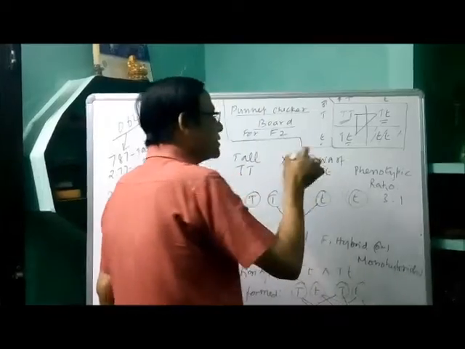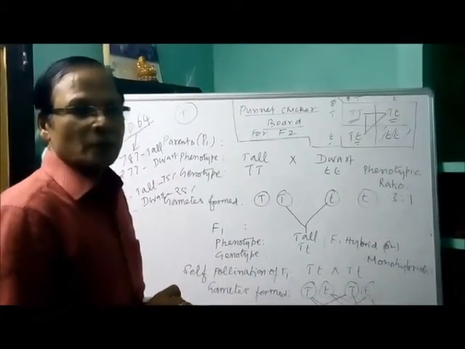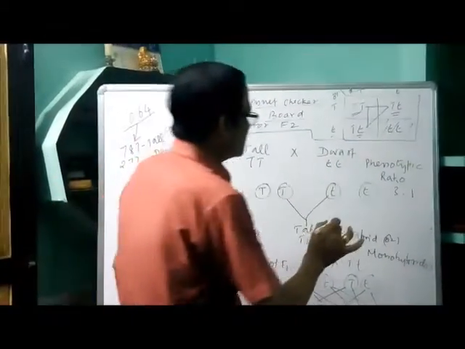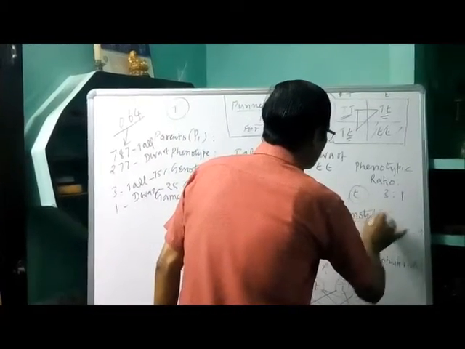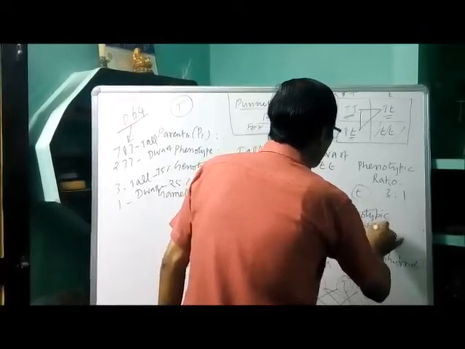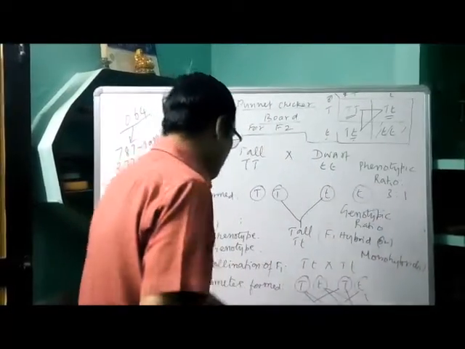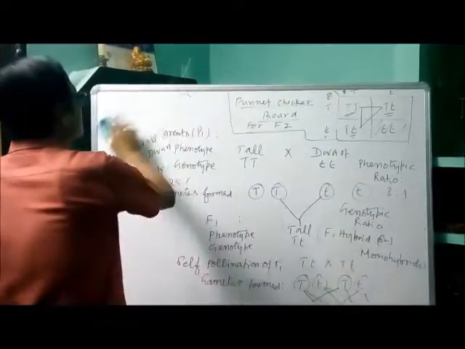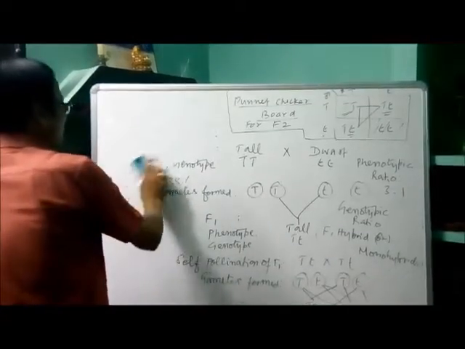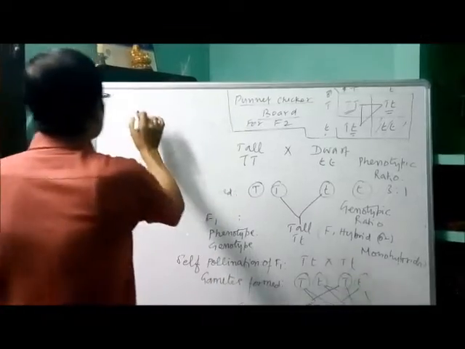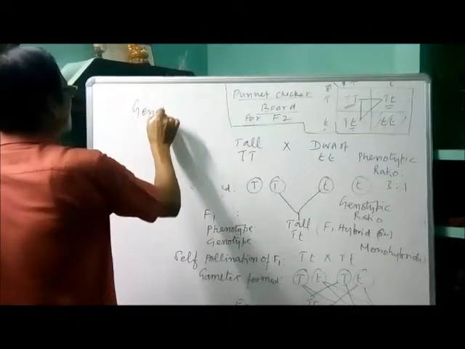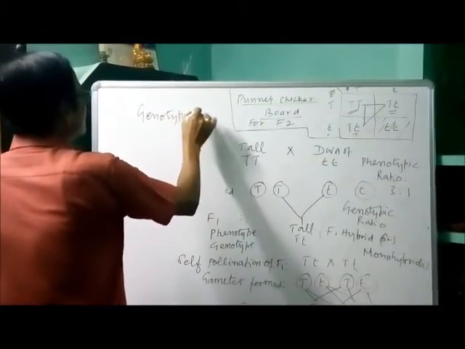So, based on the genetic constitution, we can make a ratio that is called the genotypic ratio. What genotypic ratio are we getting here? I am writing it here. Genotypic ratio. Out of the three tall plants I mentioned already, one is homozygous. This is the genotypic ratio of a monohybrid cross.